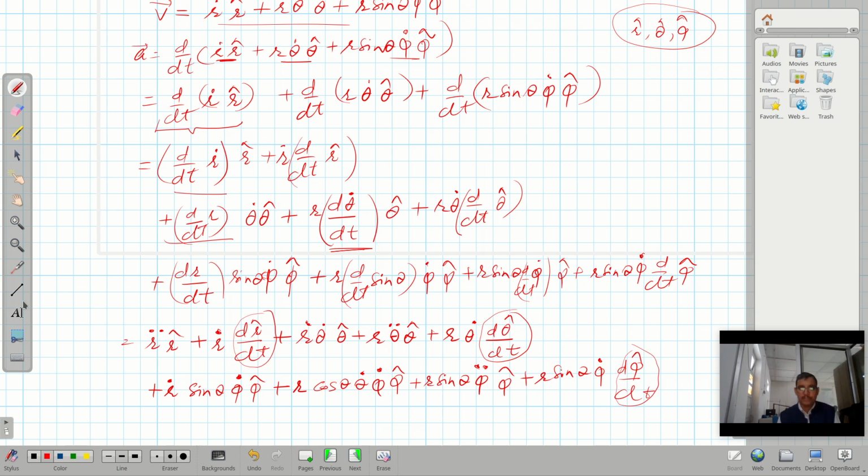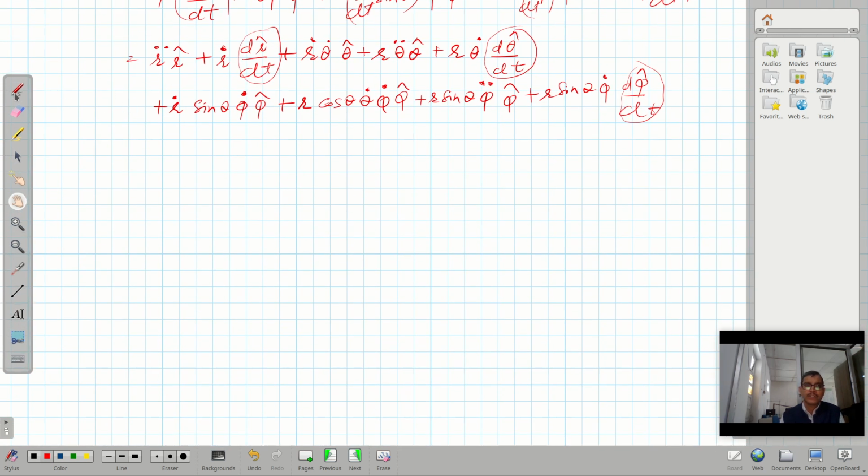As we did in the earlier case when finding velocity, we derived that dr cap by dt is equal to theta dot theta cap plus sine theta phi dot phi cap. This is the value of this one.